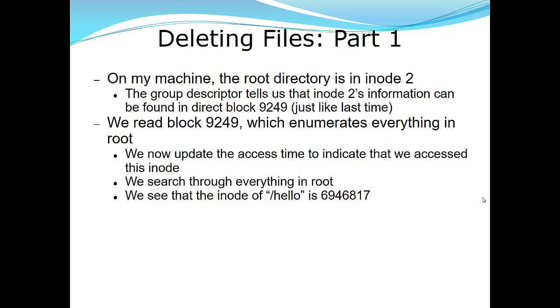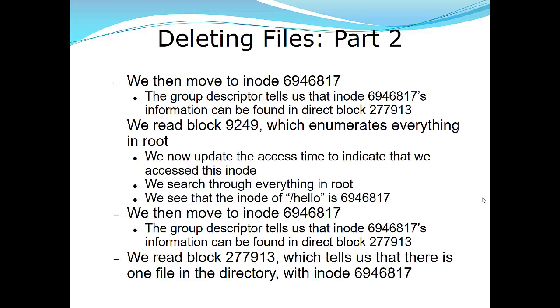We see that the inode of hello/hello is 694.6817, the same as it was before. Then the operating system moves to 694.6817. The group descriptor tells us that inode 694.6817's information can be found in direct block 277913.